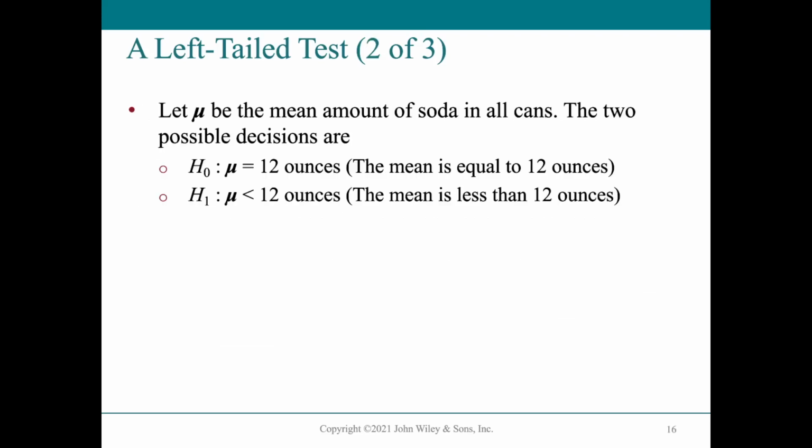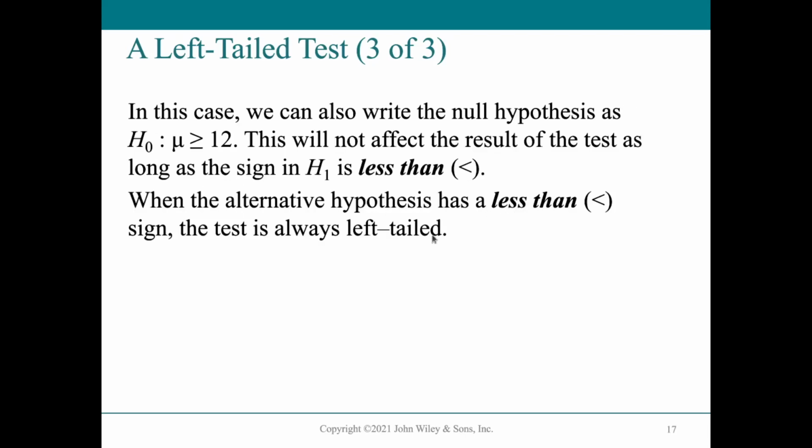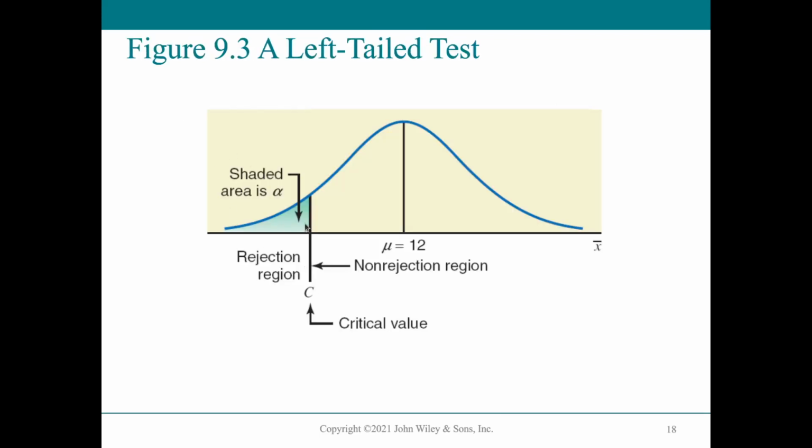It indicates a handedness, so basically you have a left tail or a right tail test. If it's less than, the alternative hypothesis is that mu is less than 12 ounces. So if it's less than, it's on the left side. Basically, the rejection region is only on one side, and that is on the left side. If you notice, the region here is significantly larger than in the two-tailed test.